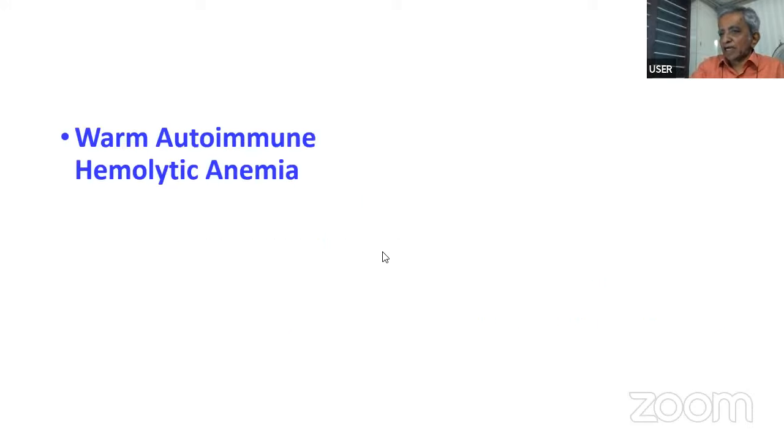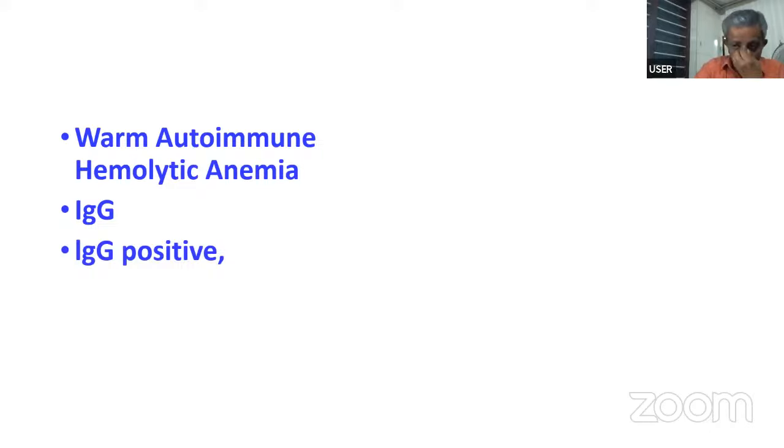Now we go to the next slide. Then there are warm hemolytic anemias. You should know warm autoimmune hemolytic anemia and cold autoimmune hemolytic anemia. Let us see the features. In warm autoimmune hemolytic anemia, most of the time the deposited antibody on the surface is IgG. So it will be IgG positive with polyspecific antiserum or monospecific IgG.